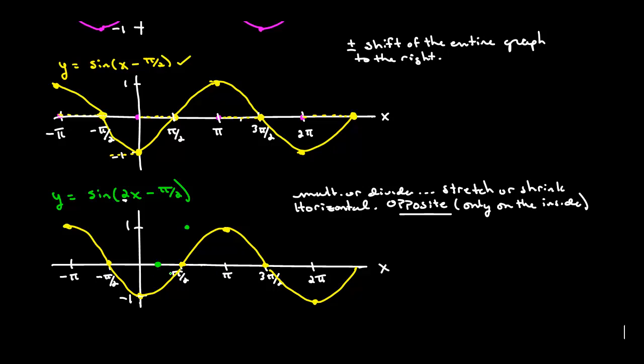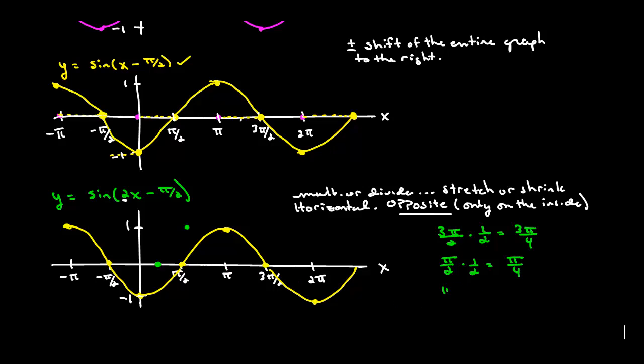So notice that this guy only moved back by pi over 4, but this guy moved back by pi over 2. The further it is away, the more it'll move back. So this guy that happens at 3 pi over 2 now happens at half that distance. Think about it as 3 pi over 2 multiplied by a half. That happens at 3 pi over 4. Just like if I took pi over 2 and I multiplied it by a half, that happens at pi over 4.